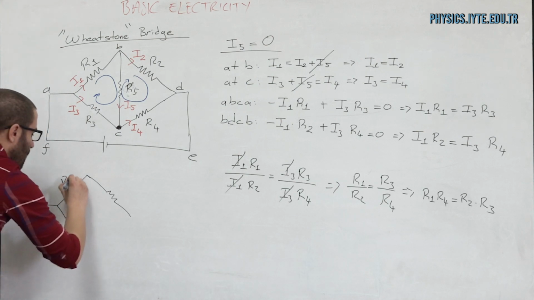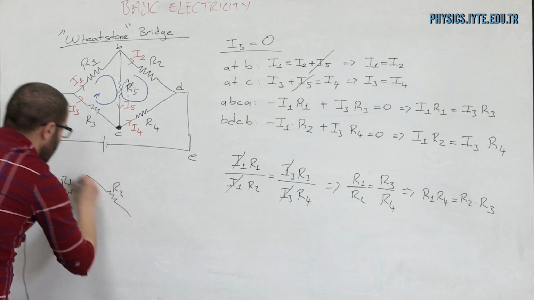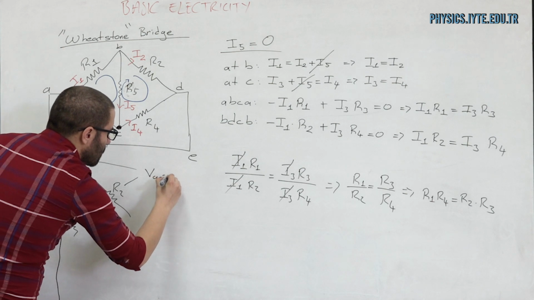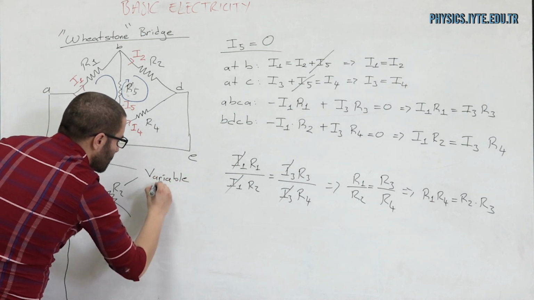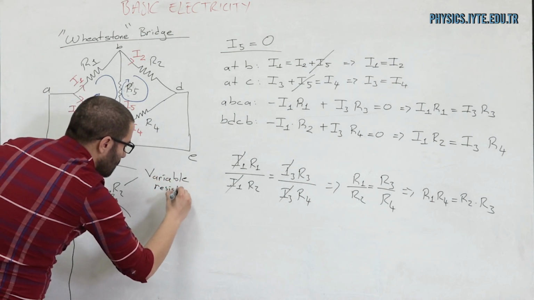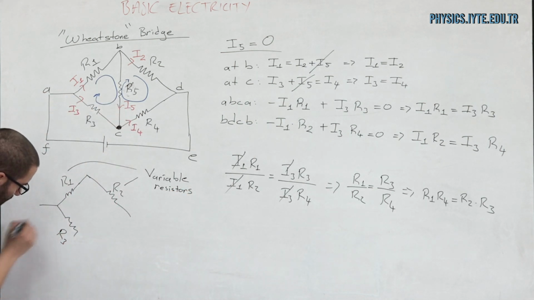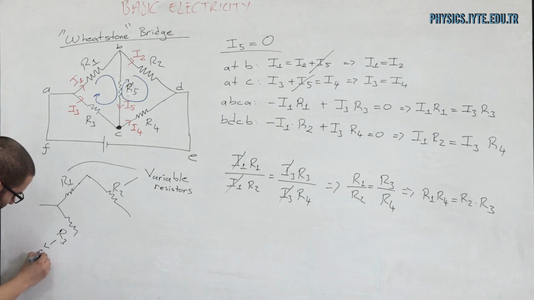I have R1 and R2. These two are variable resistors, and this R3 here is fixed.